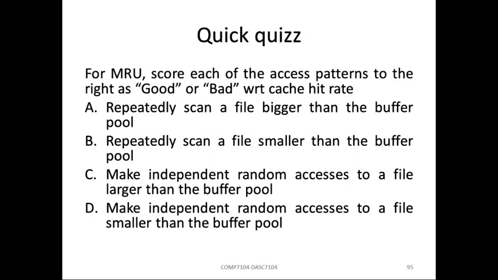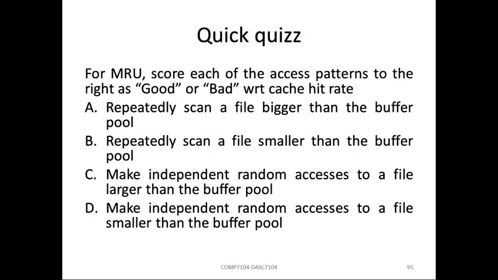And of course, we can also add that regardless of the policy, unavoidably the hit rate will be low when we do repeated scans of a file that is bigger or much bigger than the buffer. So here we could say better than least recently used, but still bad.